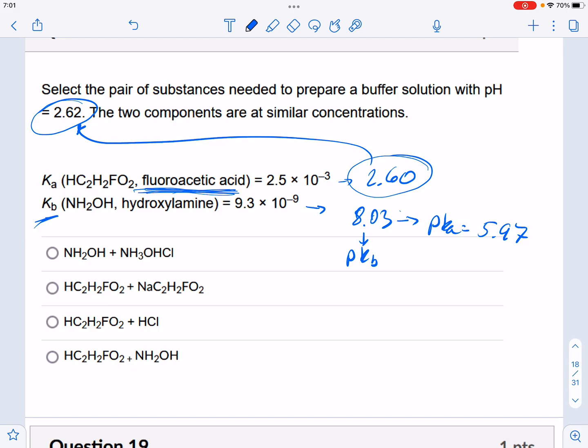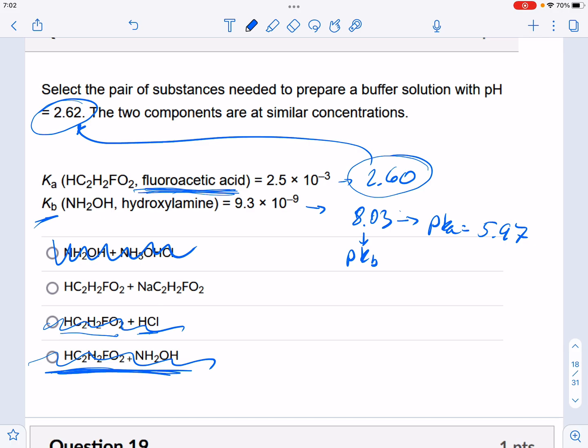That means that pretty much we can discard this because you don't have fluoroacetic acid there. You can discard this one, because you have the acid but you don't have the conjugate base. That's not going to give you what you need. Here you have the acid but you are adding more acid, so that doesn't help you produce the solution that you need.